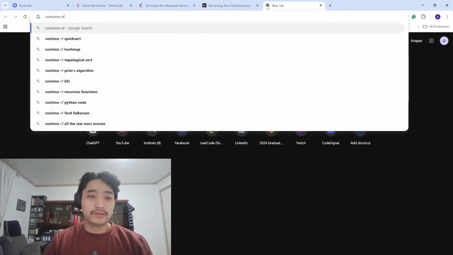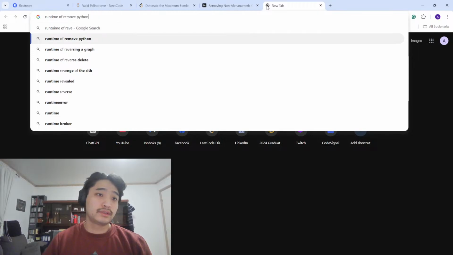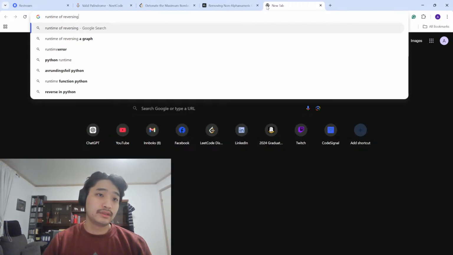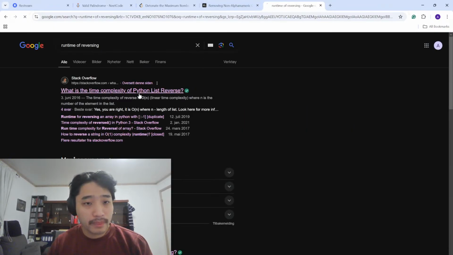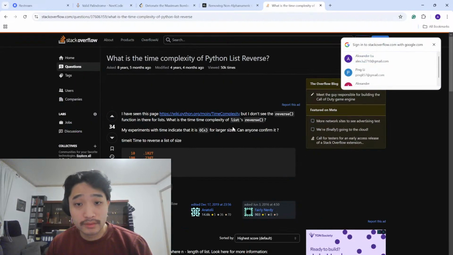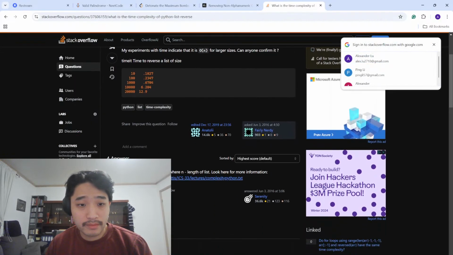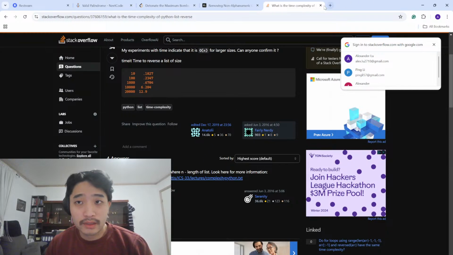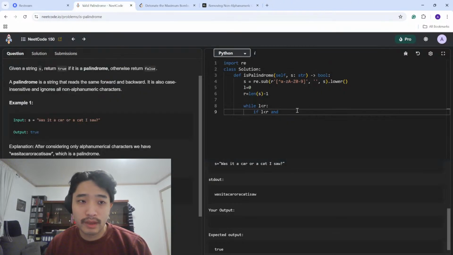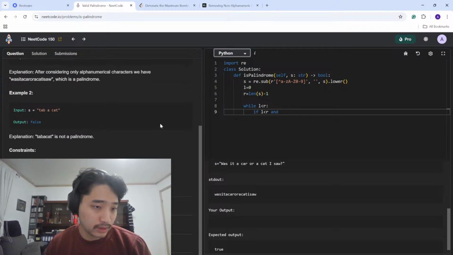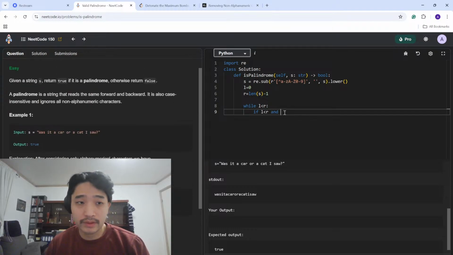Runtime of reversing, of n. Yeah, it's O of n, and I don't want that. This should be a pretty easy way of doing it.